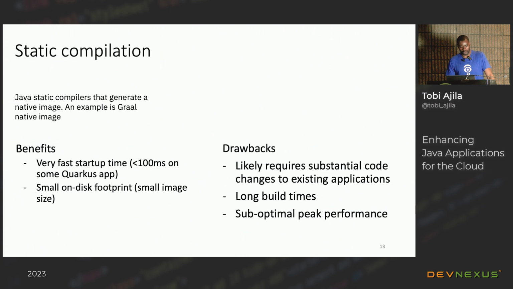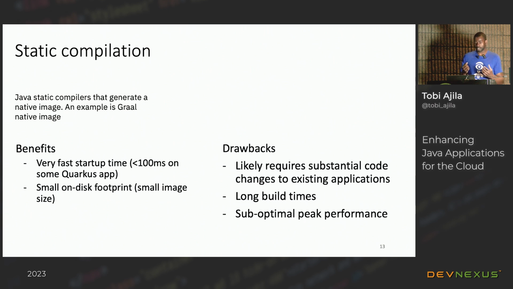Right, so the next one is static compilation. A big chunk of the time taken to start up an application is class loading. If you statically compile your application, you don't have to run static initializers at runtime. Everything's just baked into the generated image.